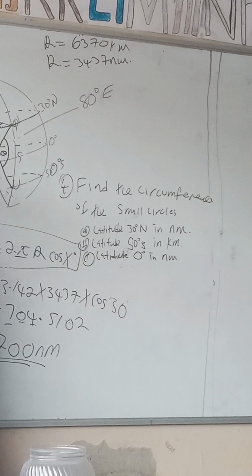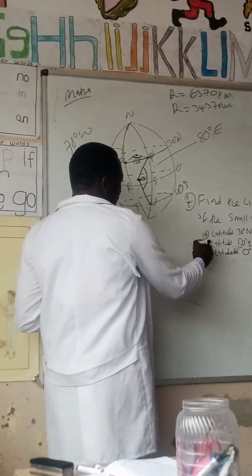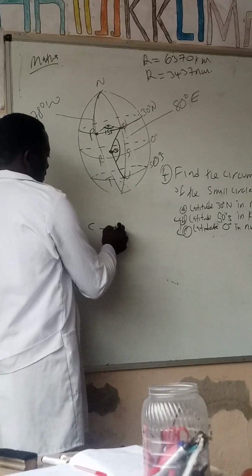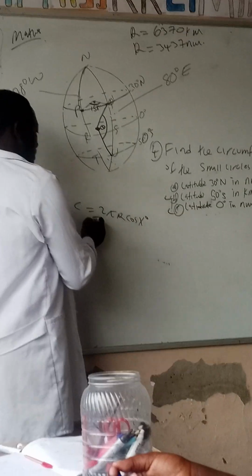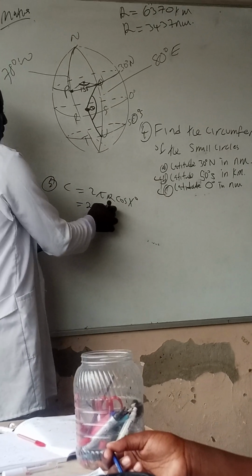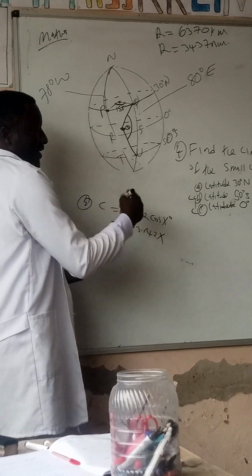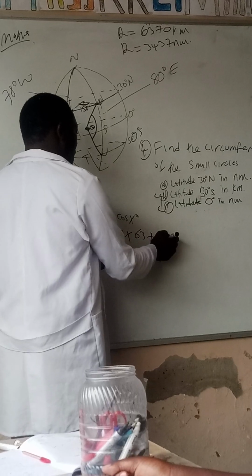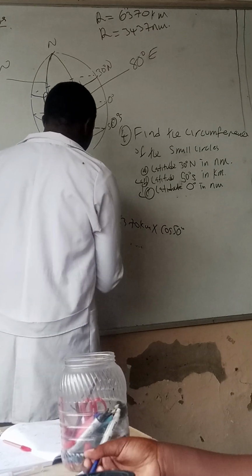So let's mark my exercise. I hope you have done that. B and this. So we are now marking circumference: 2 pi r cos x degrees. 3.142, they always give this. Radius in kilometers, it's what? 6370 kilometers, cos 50 degrees.